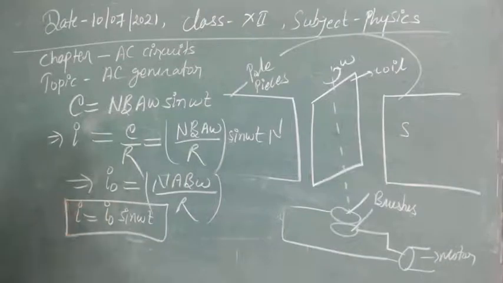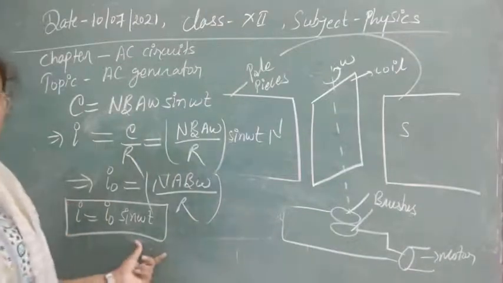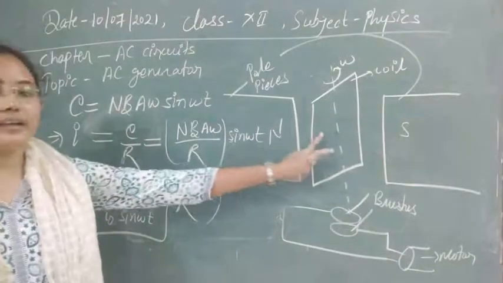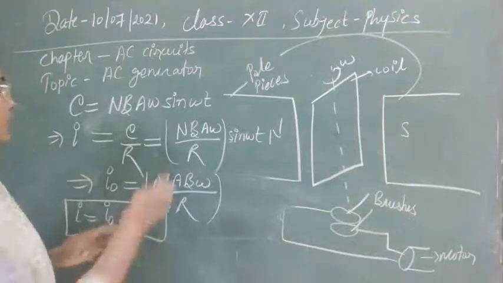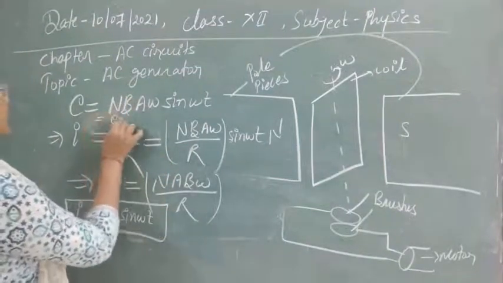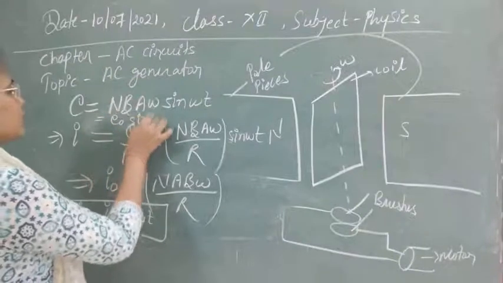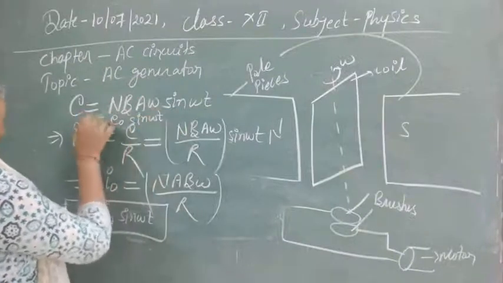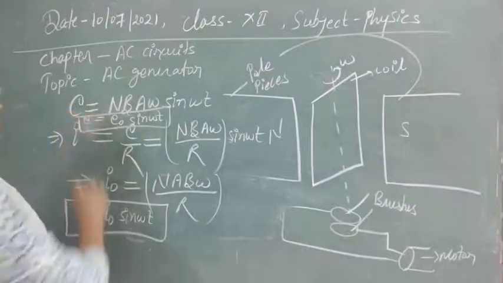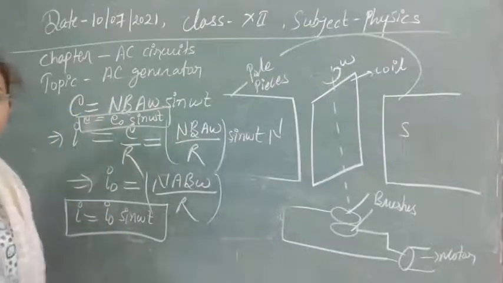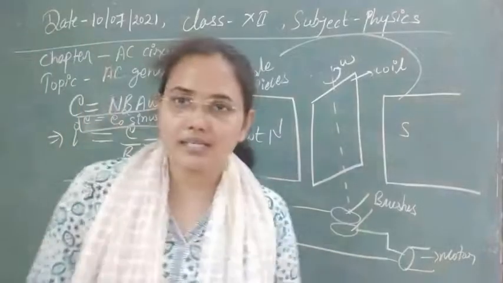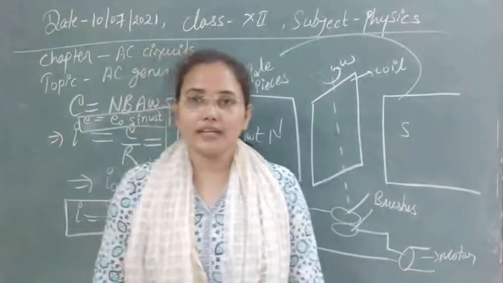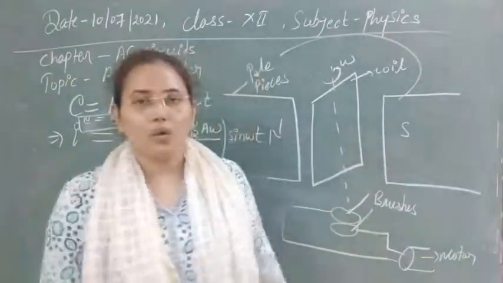This is our equation for the current generated in this coil due to the change in flux, or due to the rotation of the coil. Also you can write E0 sine omega t, that is the value of potential or EMF generated in this coil. So according to these two equations you can understand there is production of alternating current and potential in this coil.